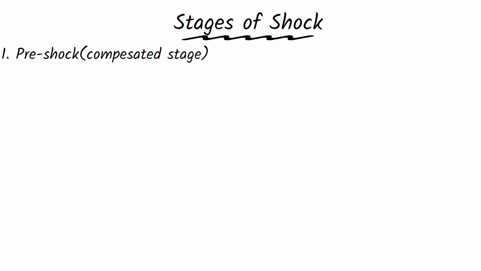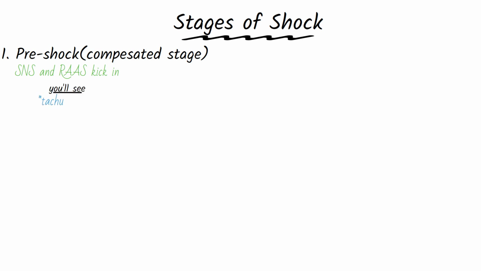The progression of shock can be divided into 3 stages. That is pre-shock, which is the compensated stage, shock, which is the decompensated stage, and end organ dysfunction, which is the irreversible stage. In pre-shock, the body's compensatory mechanisms, such as the sympathetic nervous system and the renin-angiotensin-aldosterone system, kick in to maintain vital organ perfusion.